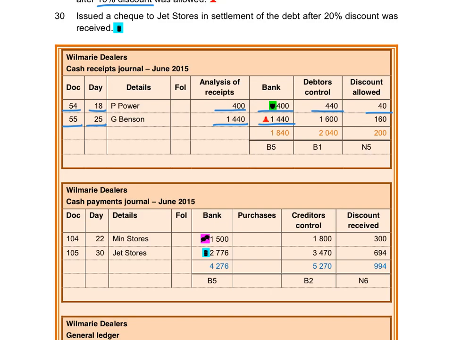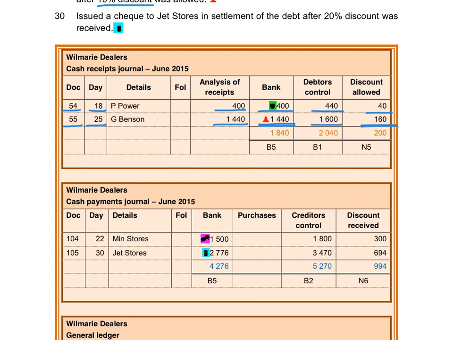In the cash receipts journal, we will show that the discount we calculated as 160. So we will reduce the account of the debtor with the money received 1,440 plus the discount 160, and his account will be reduced with 1,600.